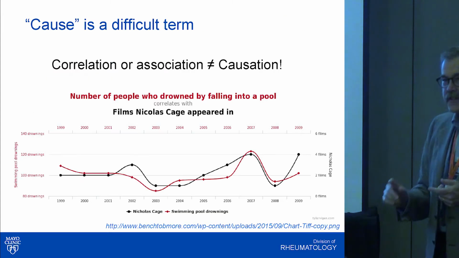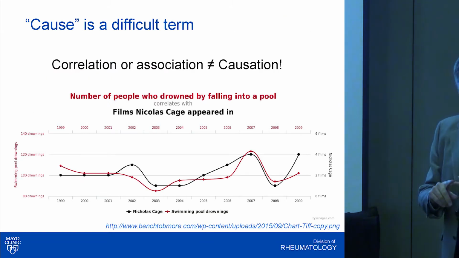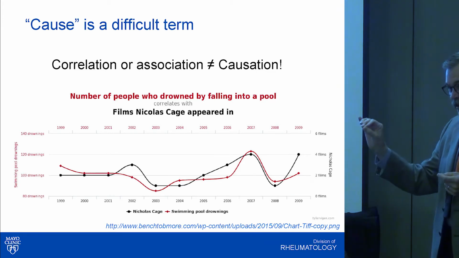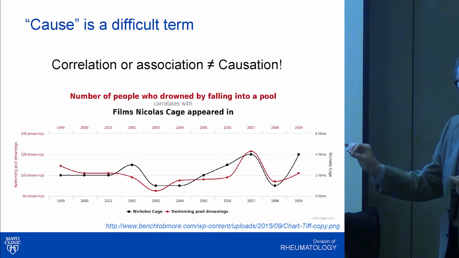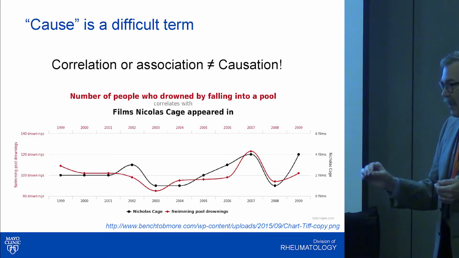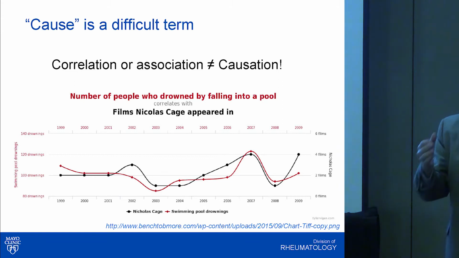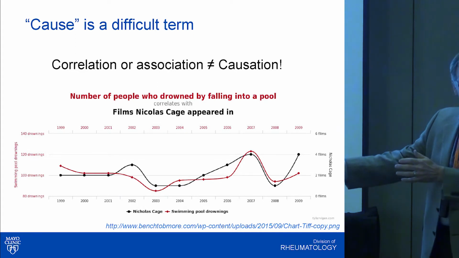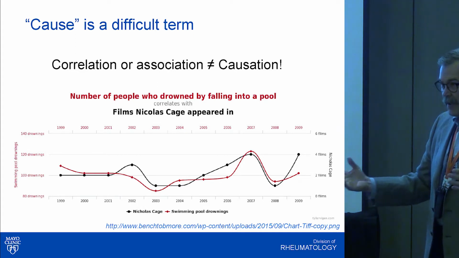So cause is a difficult term to consider. And just because something is associated doesn't mean it caused things. So I have discussions with patients all the time. Why did I get this? I was well. A week, a month later, I'm sick. I've got this illness. What caused it? There must be some reason.